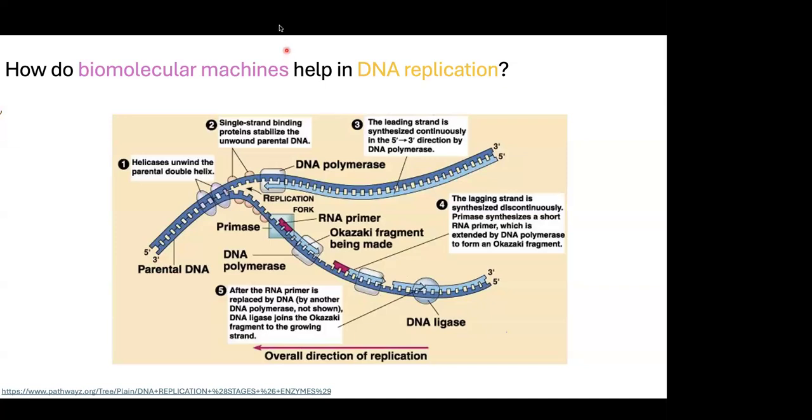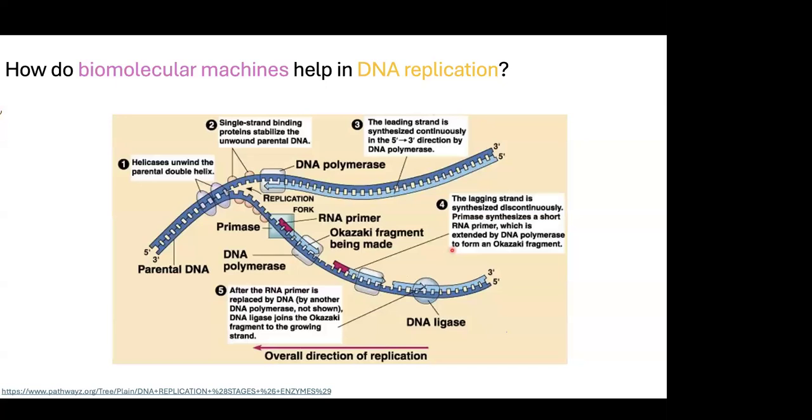The first one is, stage 2 of the replication process indicates that after the unwinding by the helicase, we have the single-stranded proteins that bind and stabilize the unwound parental DNA. So I wanted to know examples of those single-stranded proteins that help in that process.